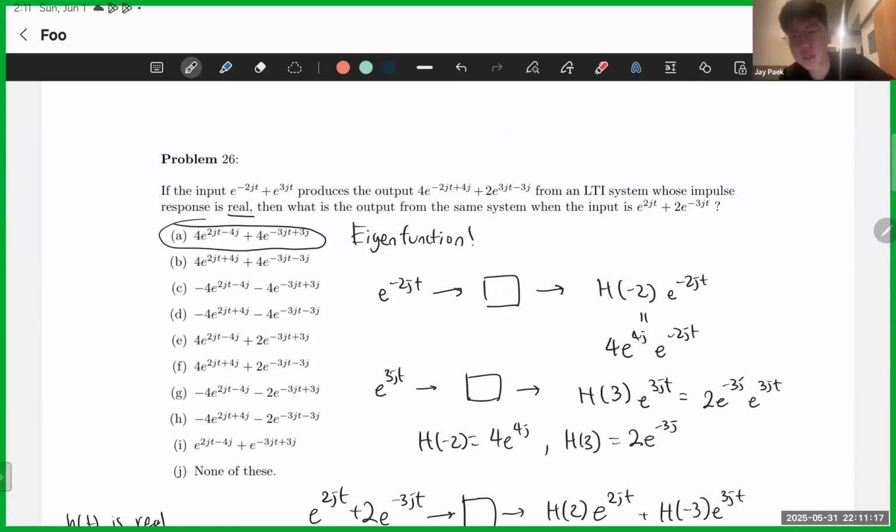Question: if the question said it was even instead of real, would h of 2 be the same as h of negative 2? No. We would need the function to be real and even for, hold on, let me think about that.